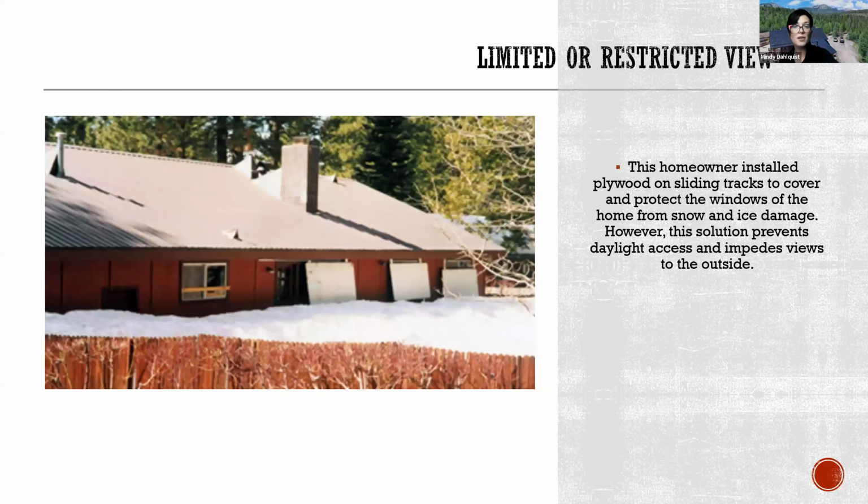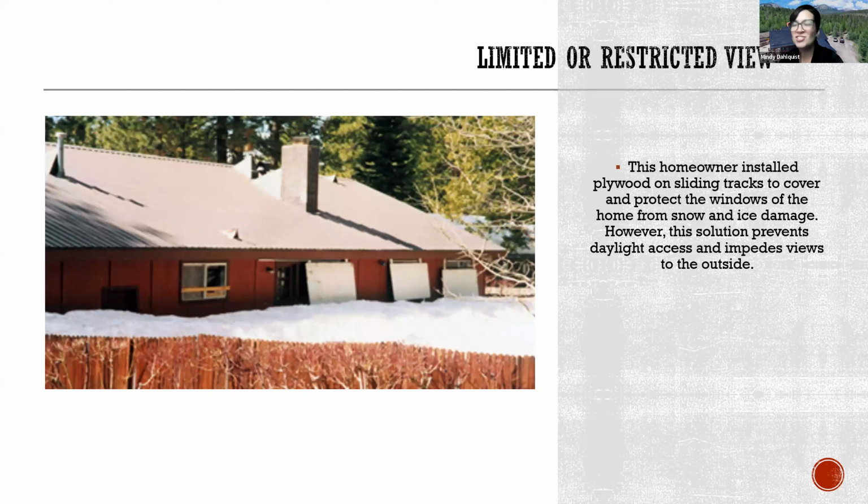So this home, obviously they knew that they had concerns with snow shedding. They have crickets installed on all of their penetrations on the roof surface, but they still were ending up with broken windows year after year. So they decided to do a DIY, do-it-yourself kind of solution for it, which I totally understand, and installed some plywood sliding barn style window coverings.